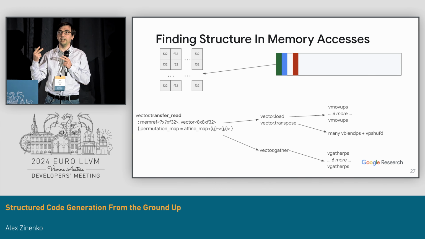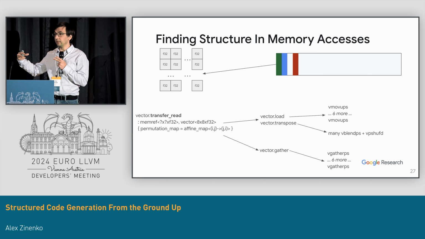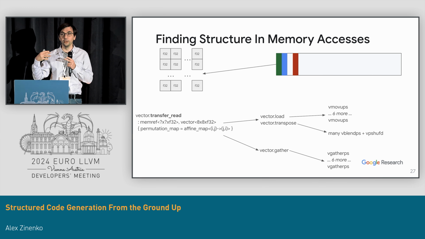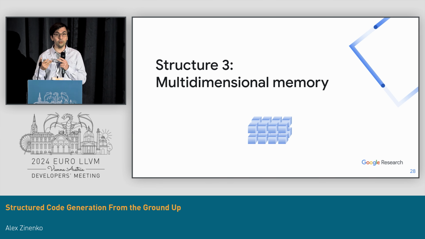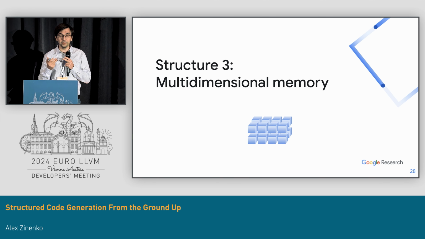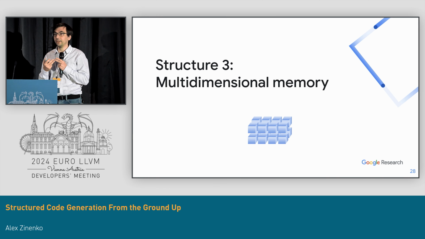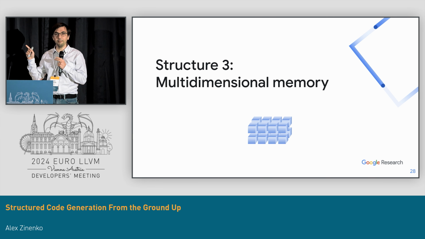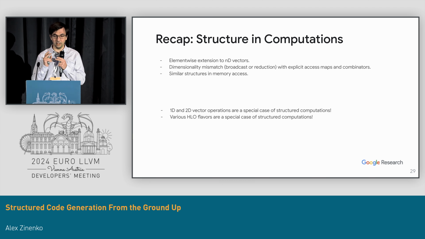So that is what this structured representation of memory, with this lattice representation, plus this structured representation of control flow allows. So our third kind of structure we observe is, well, the way we reason about memory is actually multidimensional. The way memory works may not be, but we really want to preserve that multidimensional structure so we can reason about and transform memory accesses.